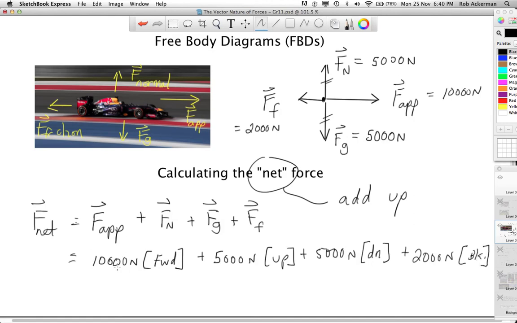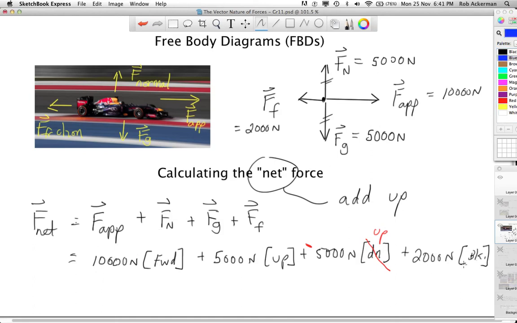Now, you can start thinking of your vectors here. For example, it's pretty clear that 5,000 newtons up and 5,000 newtons down will cancel. That's because a down is the same as an up if you put in a negative there. So we've got 5,000 newtons up and negative 5,000 newtons up. They cancel.